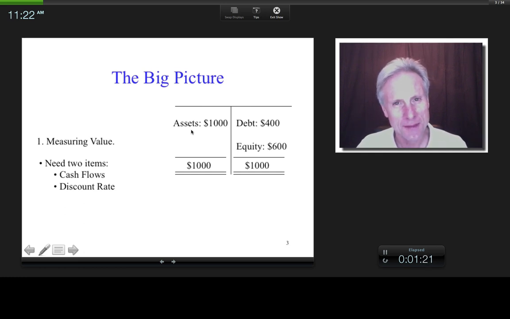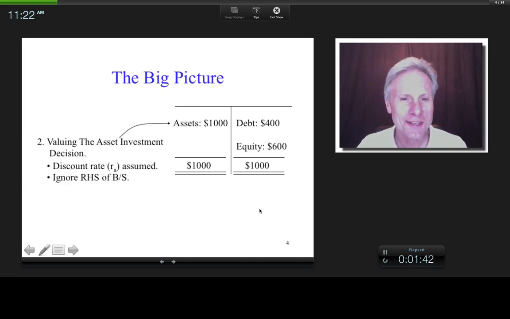It does, right? And so speaking of value, we're making decisions that impact firm value, and so we began with a model for measuring value. And as we saw in the time value of money model, what two things did you need to measure anything? Well, you can see it right there: cash flows and a discount rate.